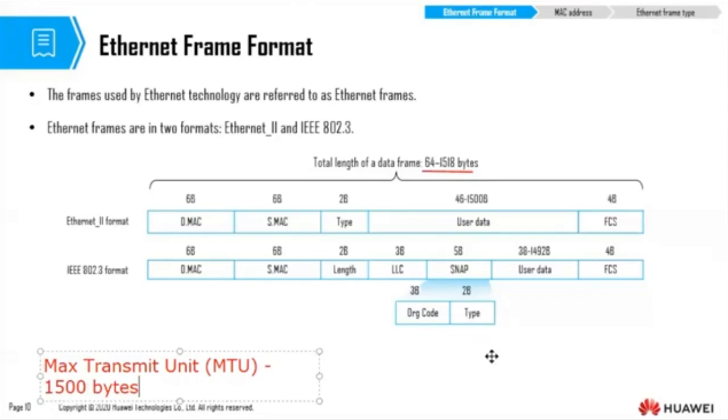So normally this 1500 translates to the 1518 bytes of the data frame. So don't forget that on an Ethernet interface, the maximum transmission unit normally is 1500 bytes.